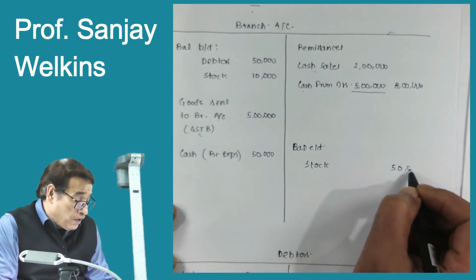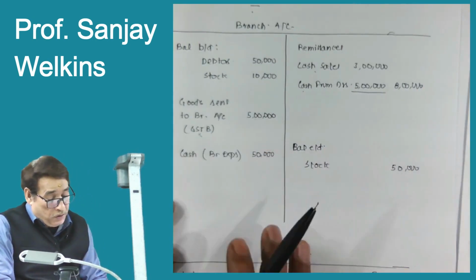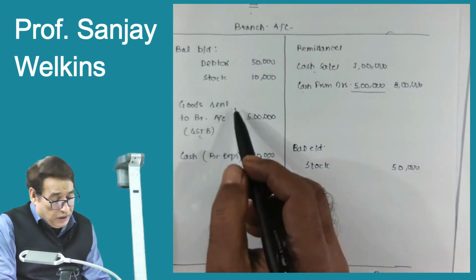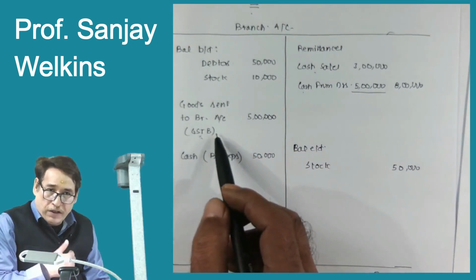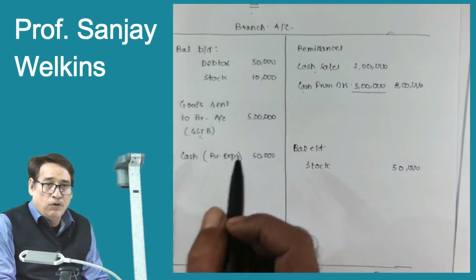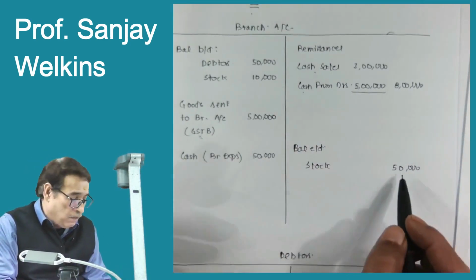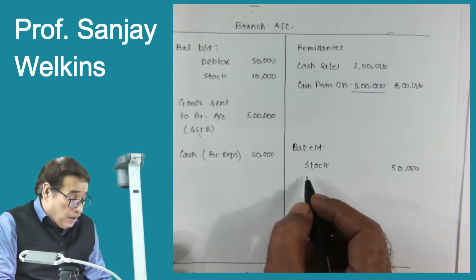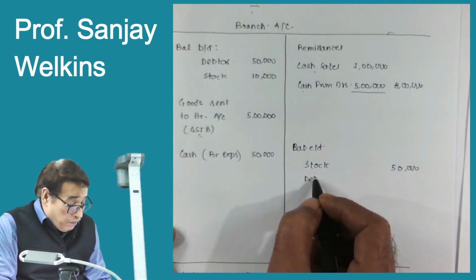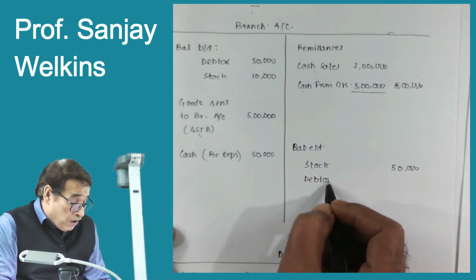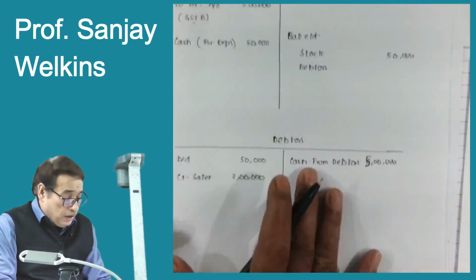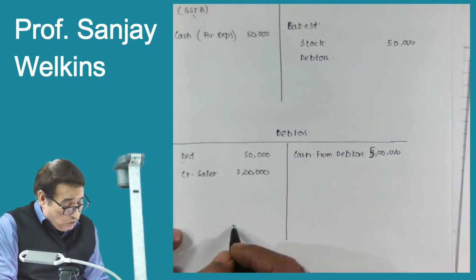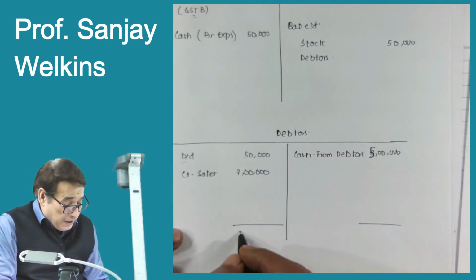Balance of stock signifies that whatever goods which branch had in the beginning and whatever goods which were sent by head office during the year, out of that some goods have been sold and some goods have remained. So this is closing stock. There is also closing balance of debtors, but how much? That we can find out. For the same, we need to actually simply tally this account.